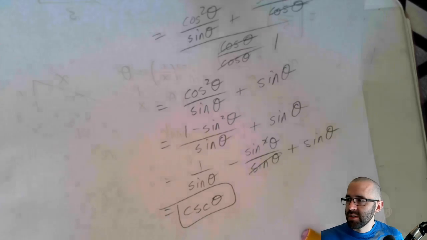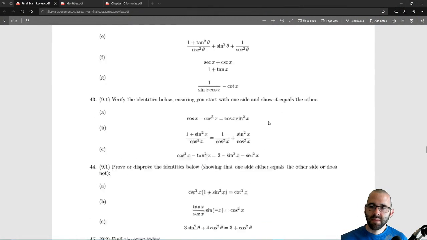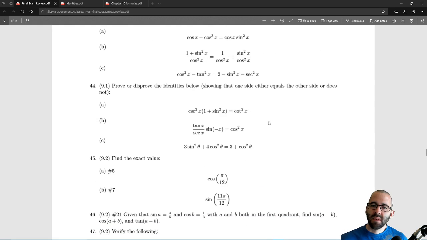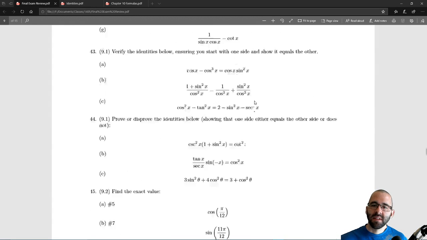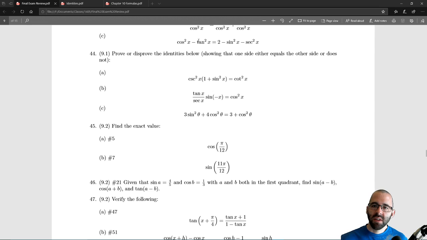So watch out for those. And for the identities, remember, you always start with a side that you know how to work with. Sometimes it's the messier side. And then try to get it to the other one.